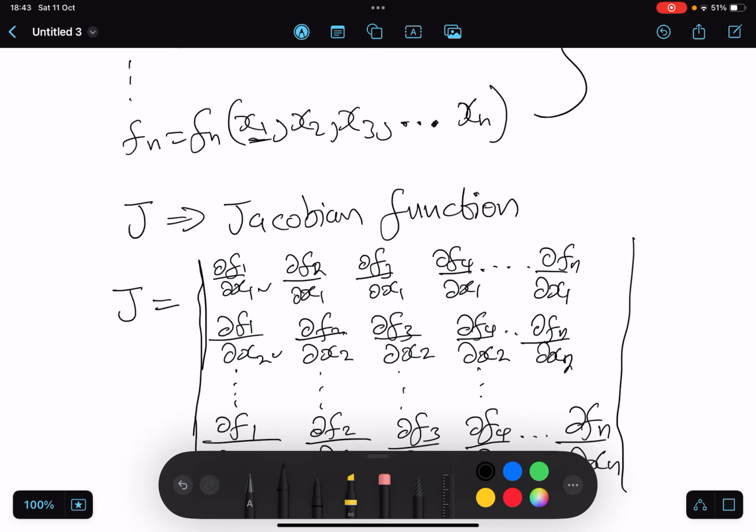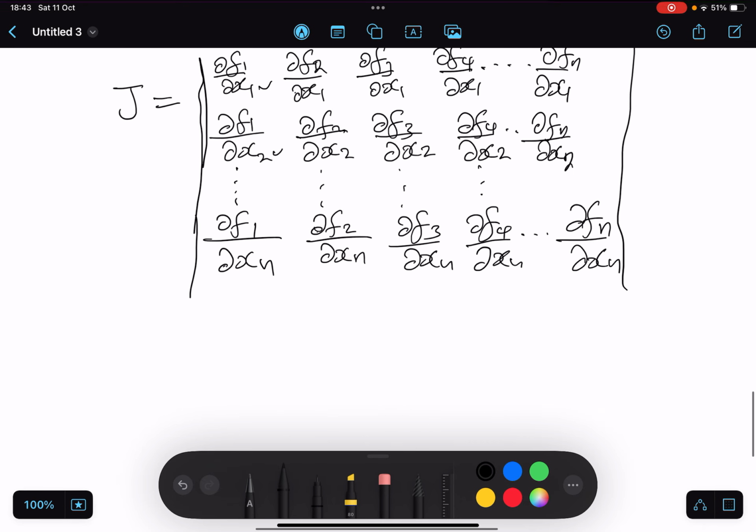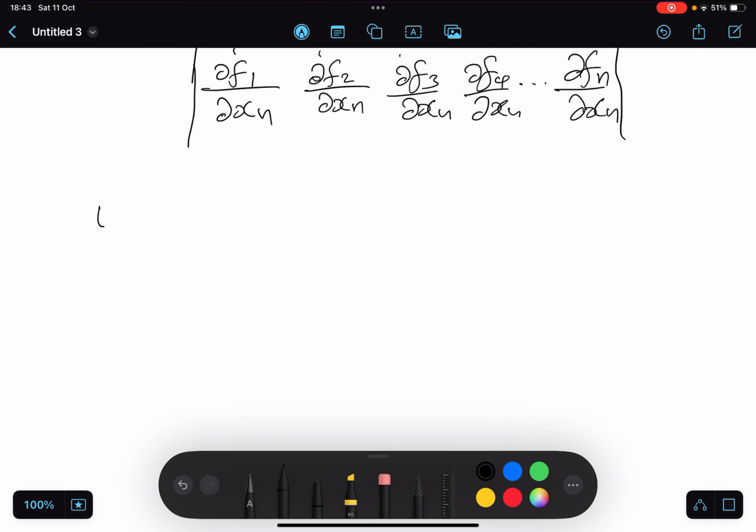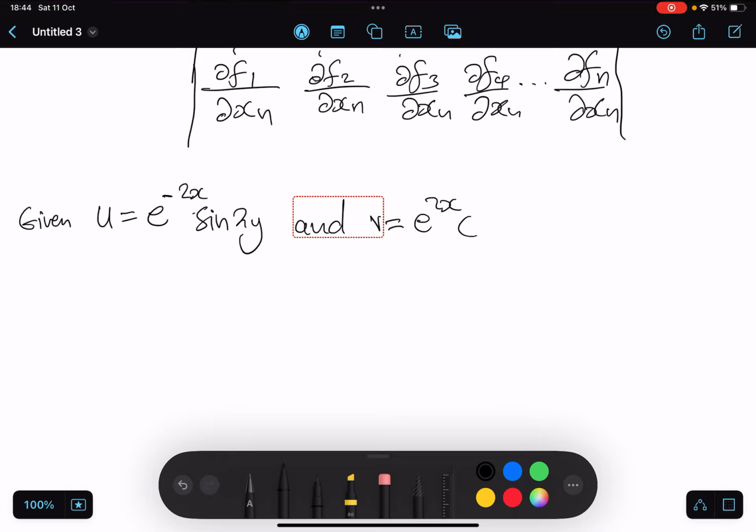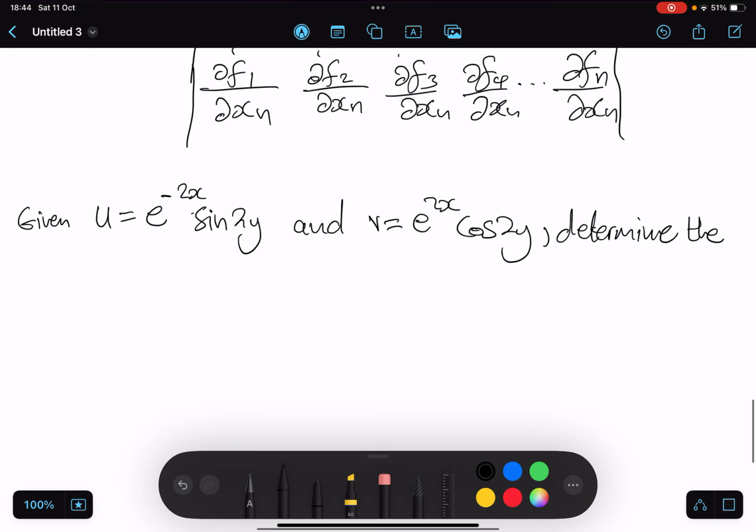So now I'm just going to use an example where we are given that u equals e^(-2x) sin 2y and v equals e^(2x) cos 2y, and then you determine the Jacobian for the system of equations.